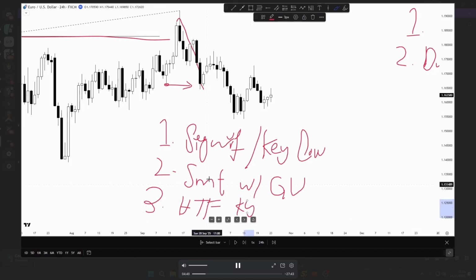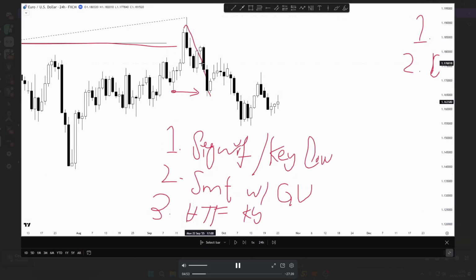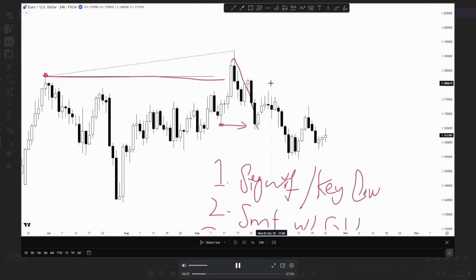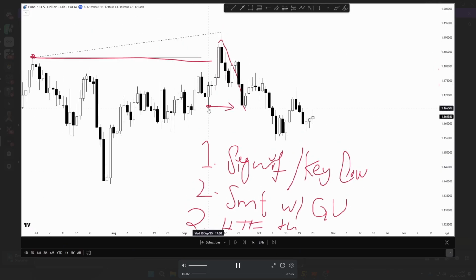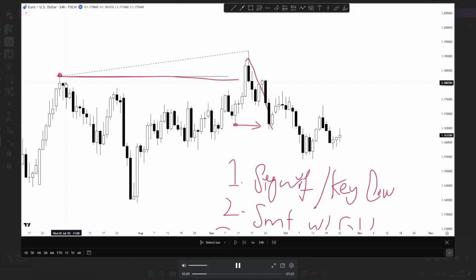There are a lot of other factors as well that led to this structural shift being considered a valid or key one, but since I haven't yet uploaded the top-down analysis chapter, I'm just going to leave that for now. But remember, the main factors here are, first of all, that this is a key low. We have an SMT divergence with GU. We have a monthly CRT. And along with that, we also tested a premium key level.